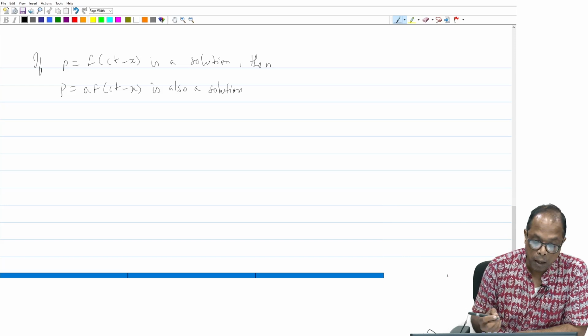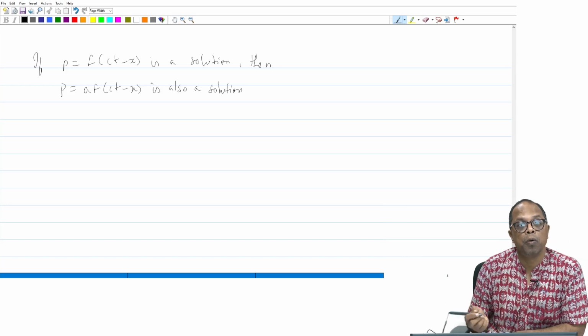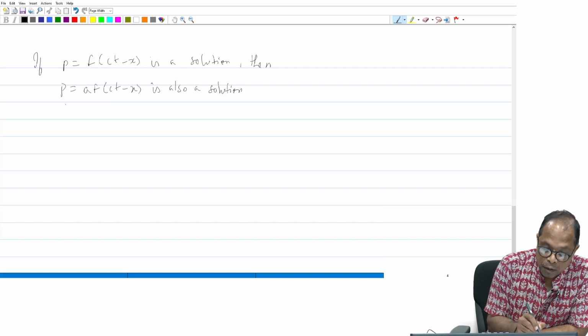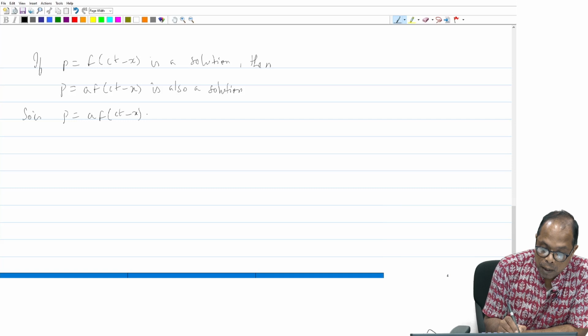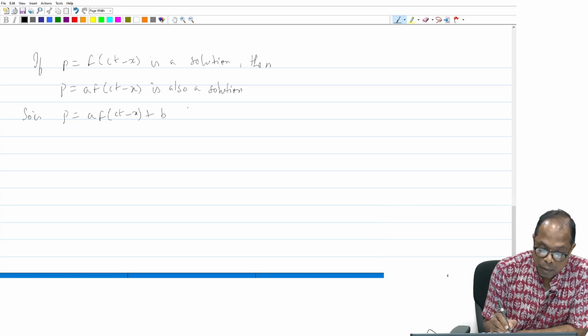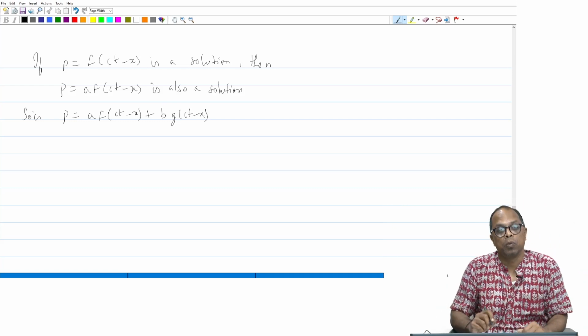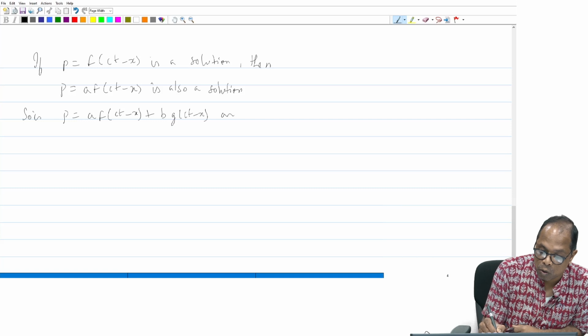You could go even further, and you could write p equals a times f of c times t minus x plus b times g of c times t minus x. You could add them up together. So these are also solutions.